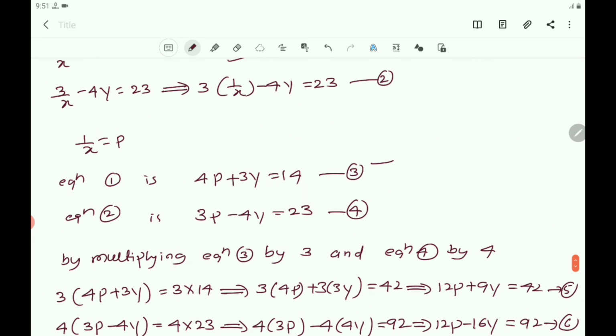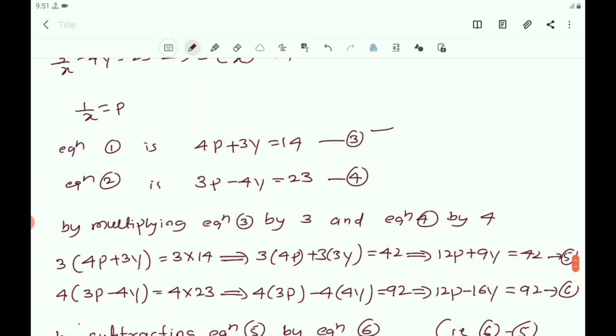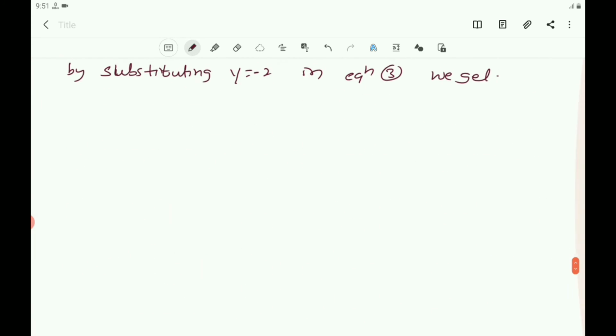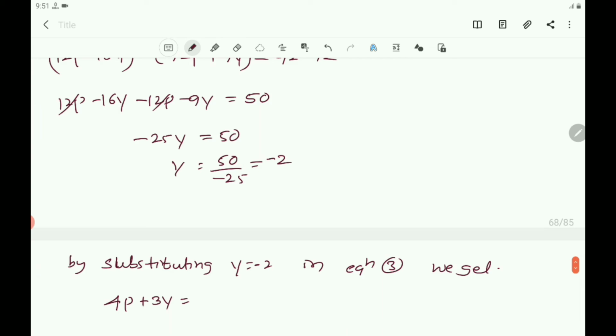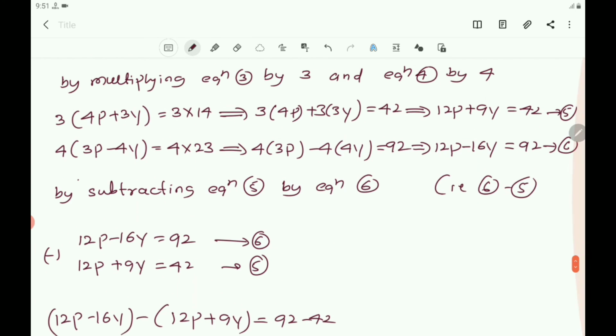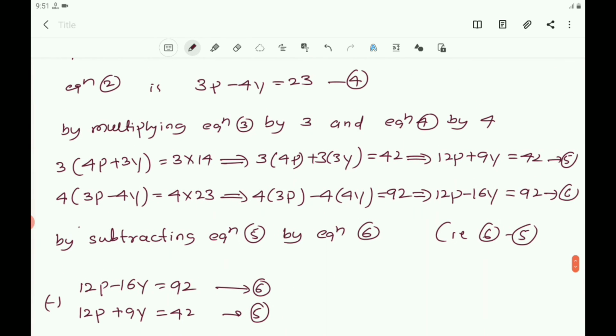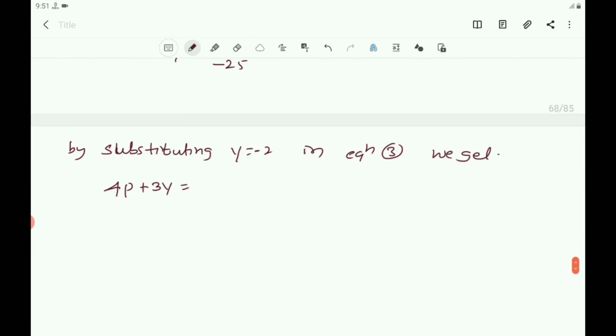Here we are going to take the third equation, 4p plus 3y is equals to 14.